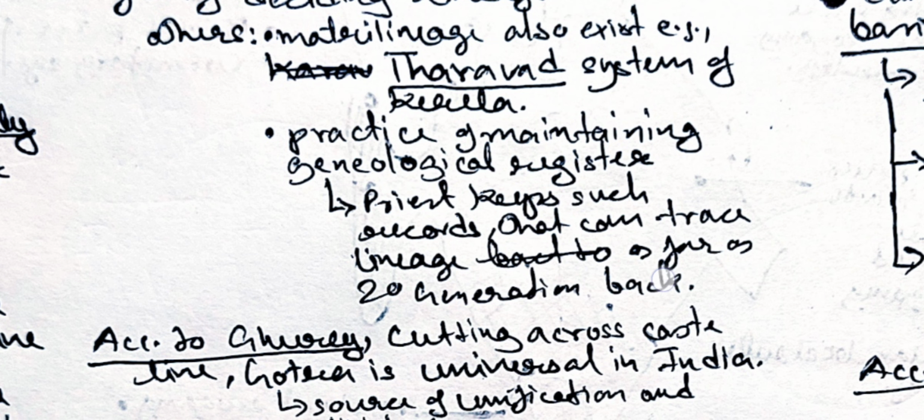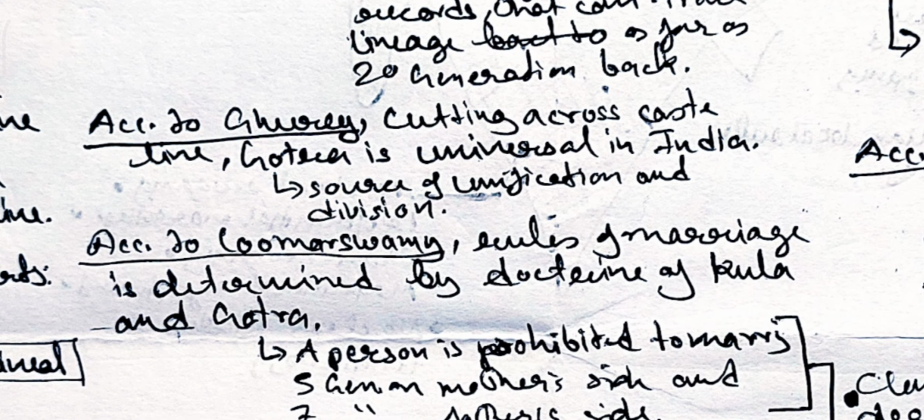Other is that, according to Ghurye, cutting across the caste line, the gotra is universal in India. Gotra is also a source of unification and division. And Ghurye says kinship is cutting across the caste line.